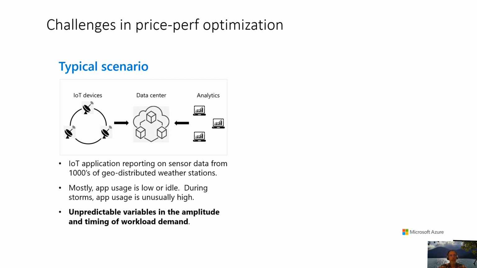Now, you can imagine that when the weather is relatively calm, the usage on the database is relatively low. But say when a storm system passes through, the usage on the database can increase suddenly and to rather high levels of compute. So the key point to emphasize here is that the workload demand on the database is unpredictable, both in terms of its amplitude as well as its timing.